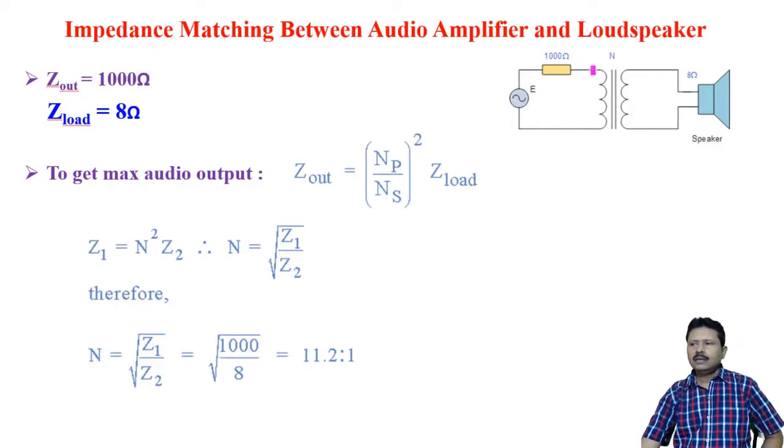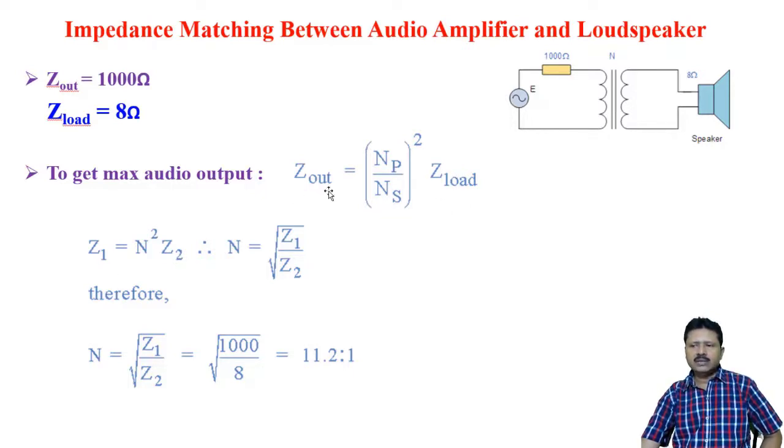Say for example, this is the amplifier having output impedance 1000 ohm, and this is the speaker having input impedance 8 ohm. So there is a mismatch between these two impedances. To get maximum power at the speaker, we must use an audio signal transformer. This is the relation: Z out is equal to (NP by NS) whole square into Z load.